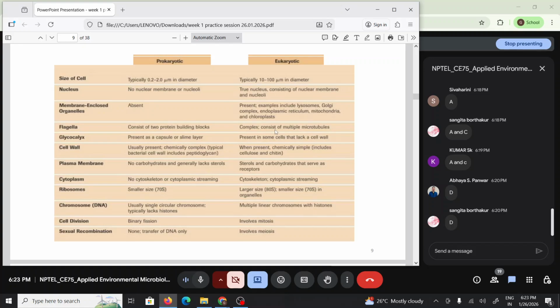And the cell division process is going to occur via binary fission in prokaryotic organisms, whereas it involves mitosis in eukaryotes. And the sexual recombination is not happening in the prokaryotes, whereas it involves meiosis in eukaryotic organisms. So this is the basic difference that we have to know right before entering into environmental microbiology. I hope this is clear.